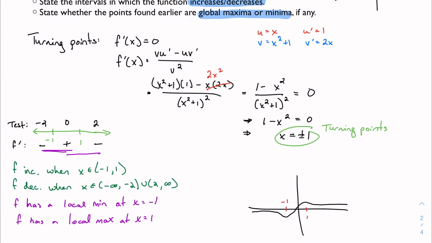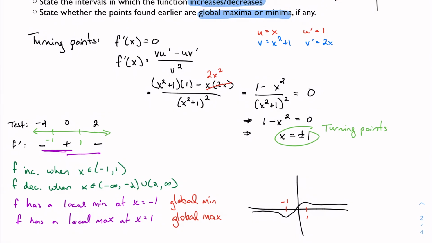So these are actually also global min and global max, right? Because they are the highest and lowest points universally on the entire graph, not just in their own little neighborhood centered around the turning points.